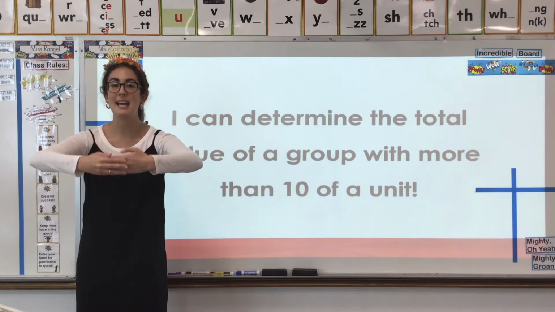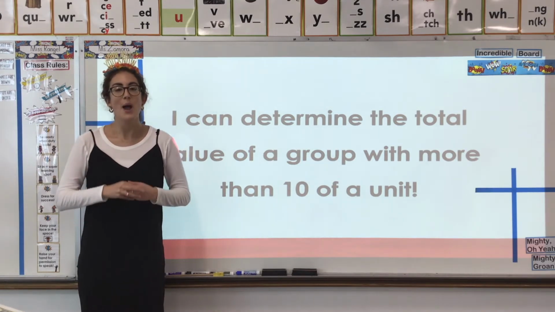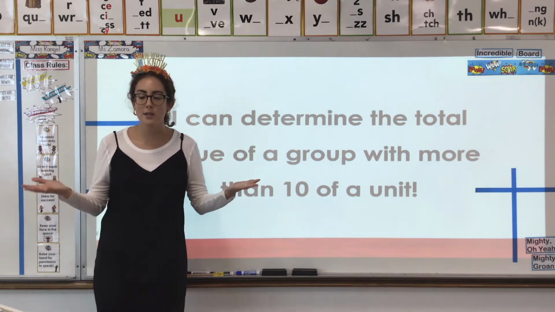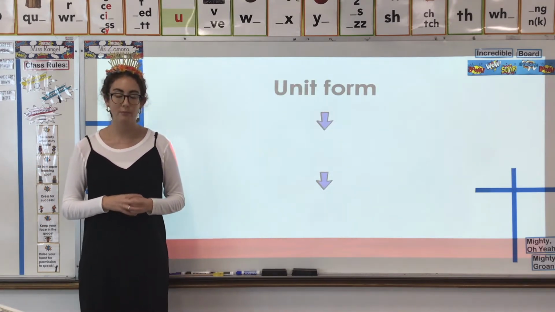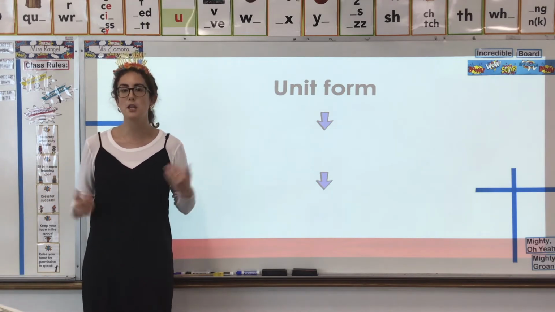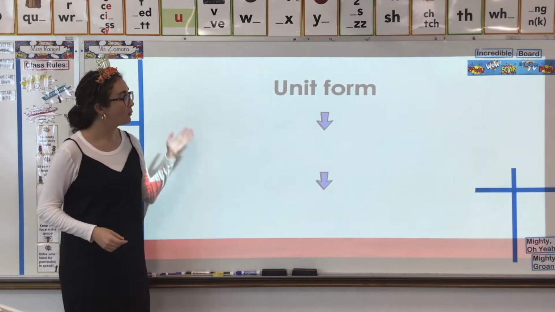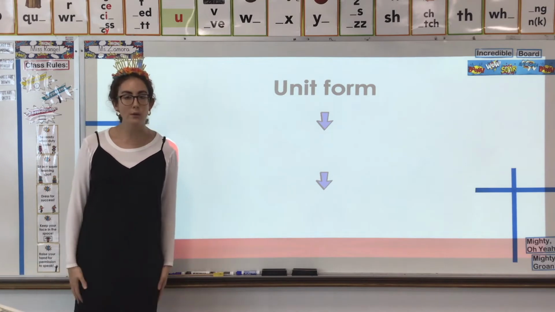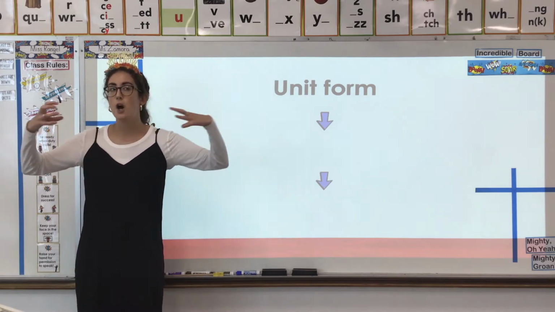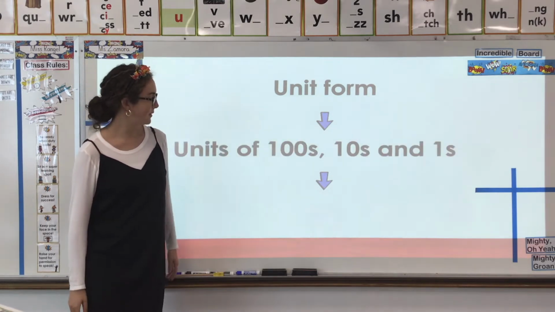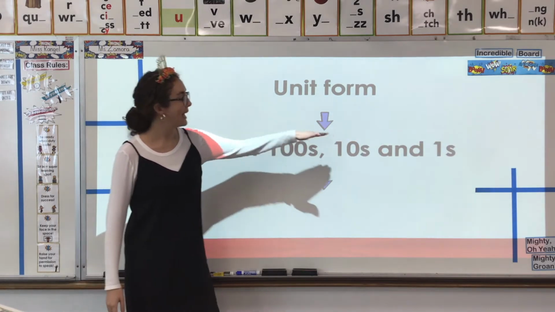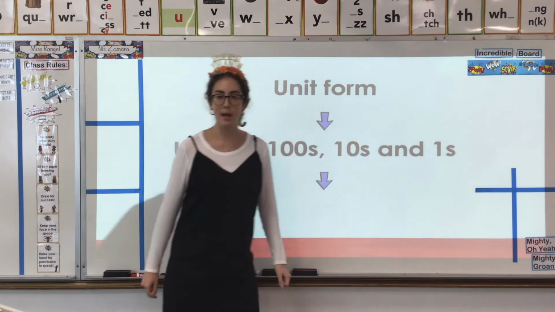So let's remind ourselves, what is the traditional unit form? We were talking about units and unit form. When we write out a number in unit form, we are showing the number of units, of hundreds, tens, and ones.